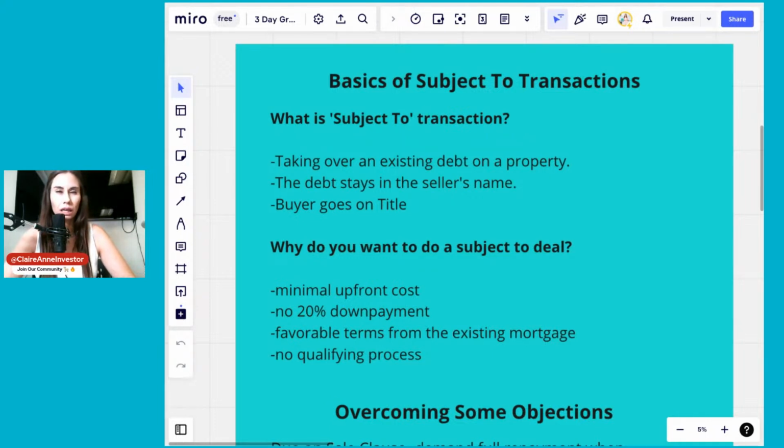I had somebody this past weekend say subject tos are so complicated. Subject tos are the easiest thing you'll ever do in real estate because you're literally going through title escrow. But all title escrow officers are not created equal, so you need to find one that does subject to, and who knows as the escrow officer not to call the mortgage company for the loan payoff.